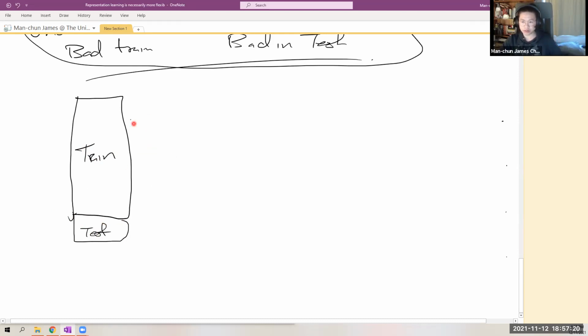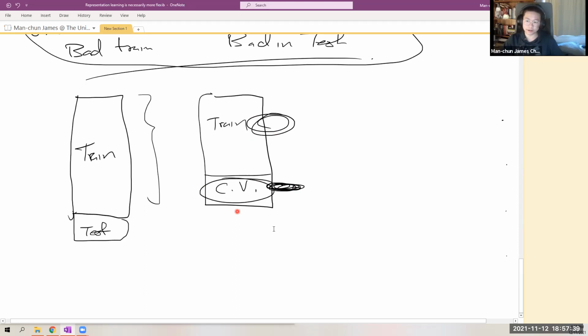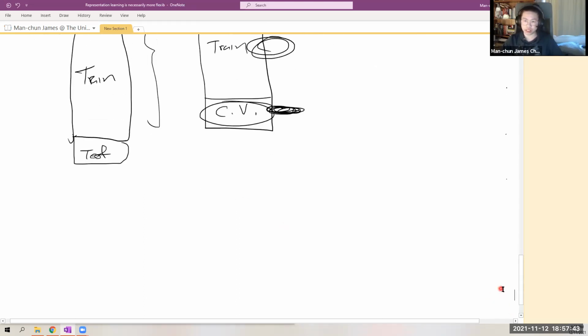In the cross-validation framework, we split the training set into the train and the cross-validation fold. We train on the training set, evaluate on the cross-validation fold, and then pick the model based on the cross-validation error.